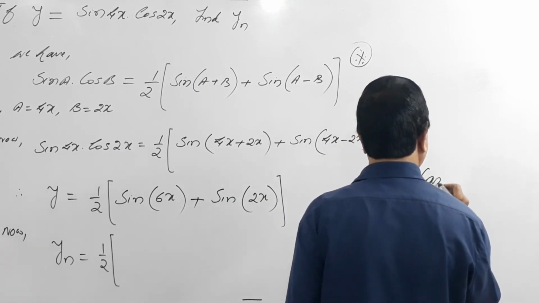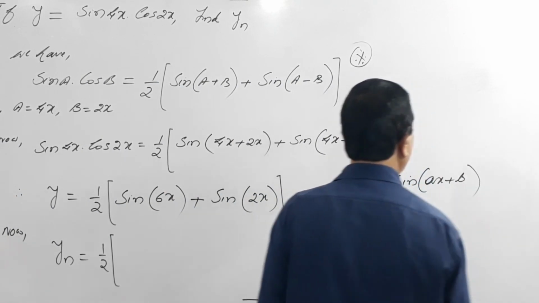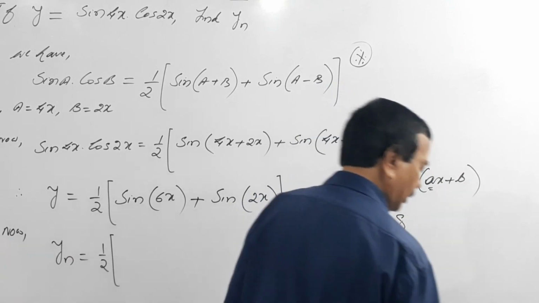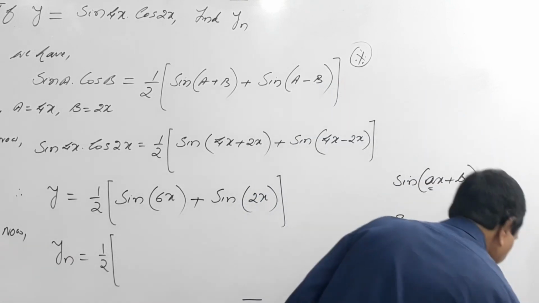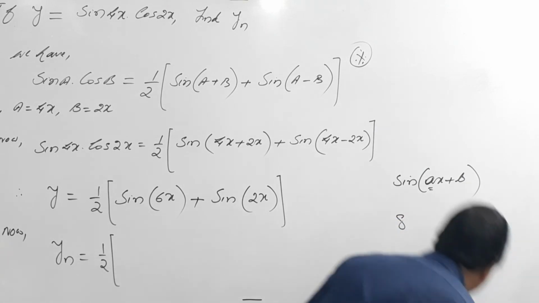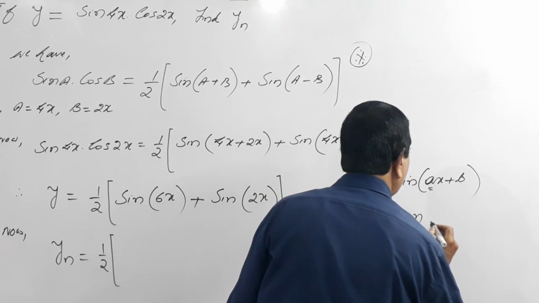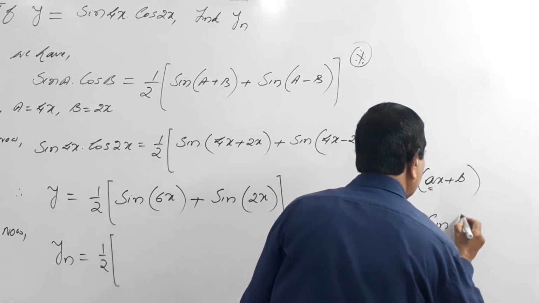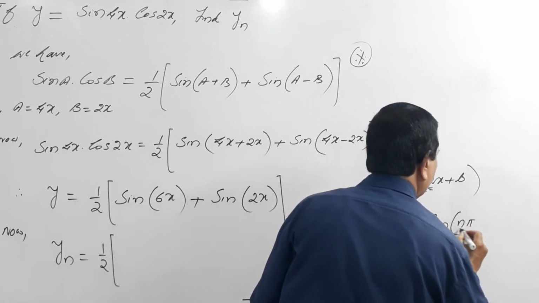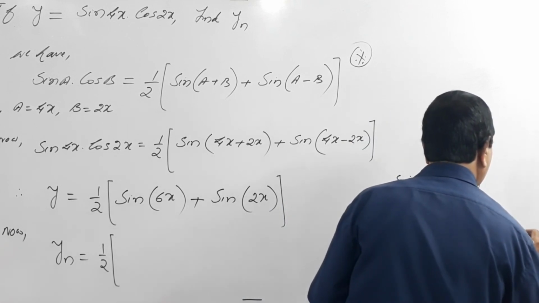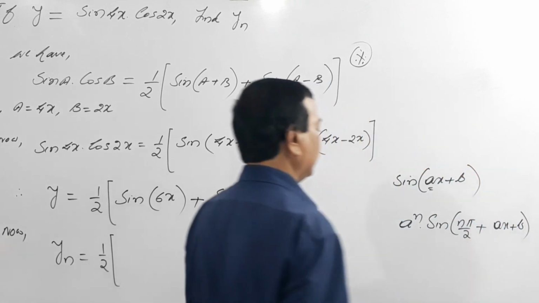Sin of ax plus b: this is a to the power of n sin of n pi by 2 plus ax plus b, right?